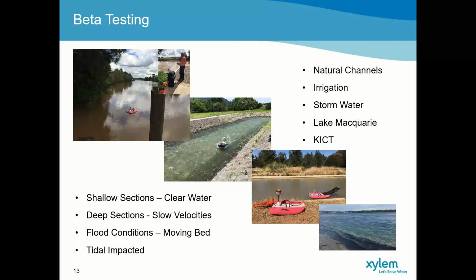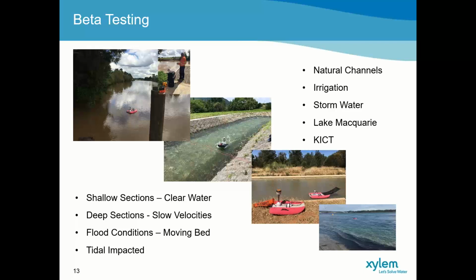We mainly focused on shallow sections with clear water to determine the impact on the velocity measurements, especially for very shallow areas, deep sections with slow velocities, all aspects that have impacted previous ADCP solutions, flood conditions with moving bed impacts, and then, as I said, tidal impacted areas.